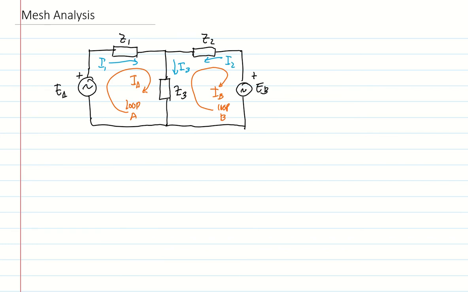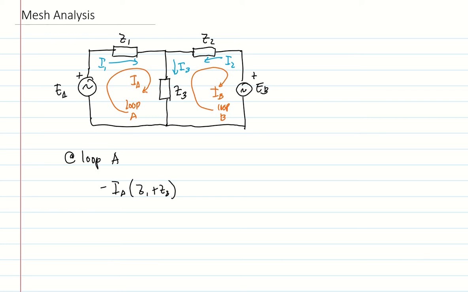Now, applying the concept of mesh analysis at loop A. Here we need two equations because we have two loop currents, IA and IB. The first one at loop A: we have negative IA, multiplied by the impedances Z1 plus Z3.